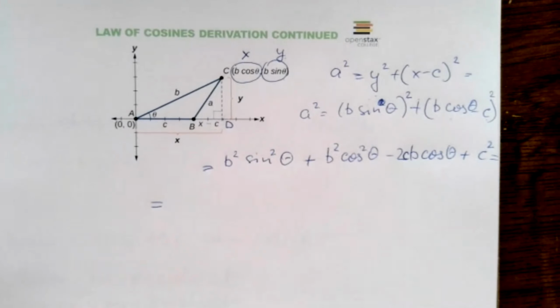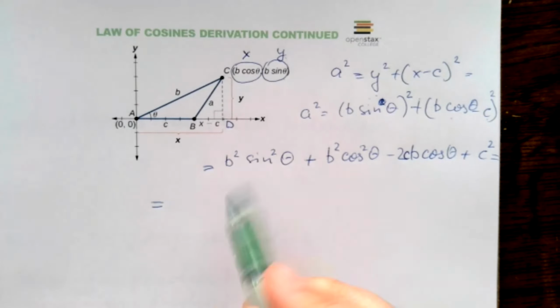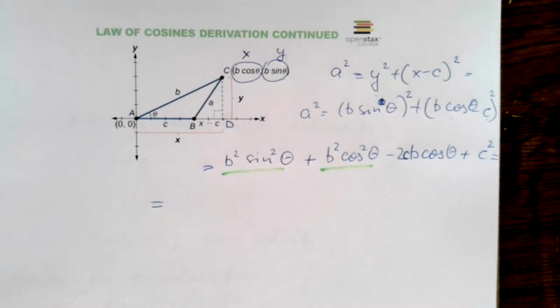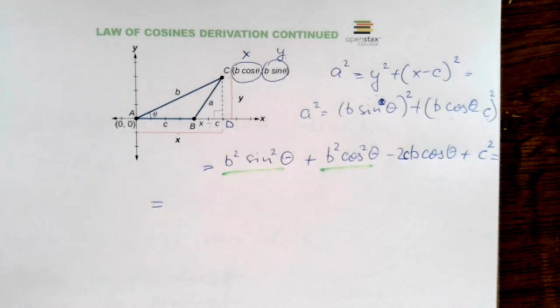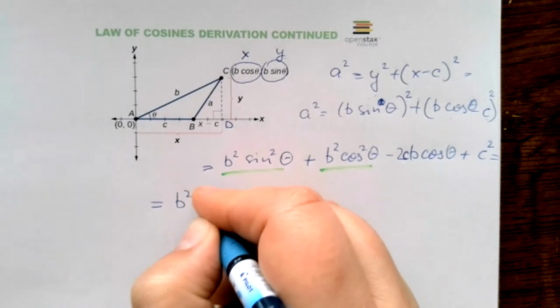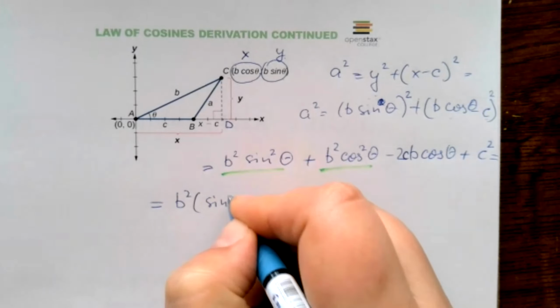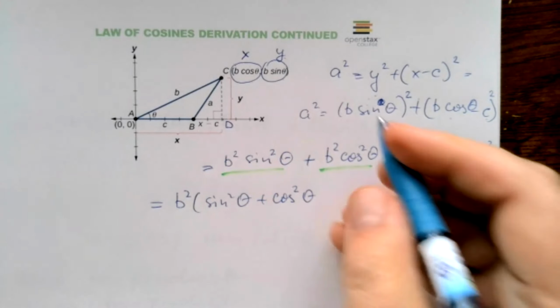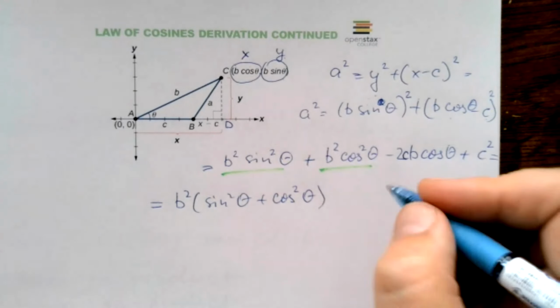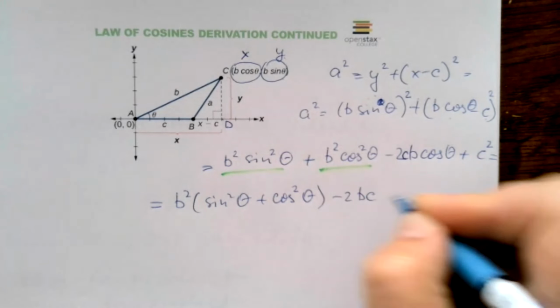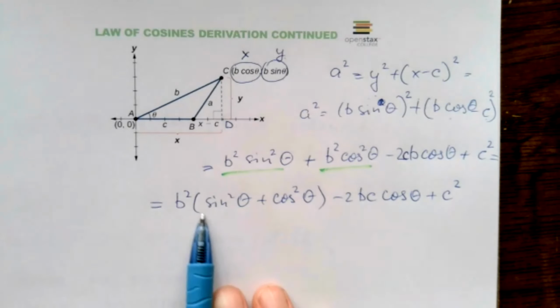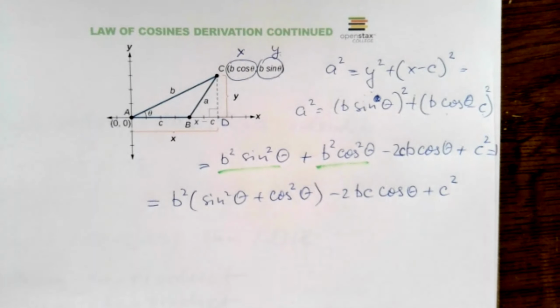Now I'm going to combine b squared sine squared and b squared cosine squared. I'm going to factor out b squared, so I have b squared times sine squared theta plus cosine squared theta. What else do I have? Minus 2bc cosine theta plus c squared. Now if you recognize the Pythagorean identity, sine squared plus cosine squared is 1.